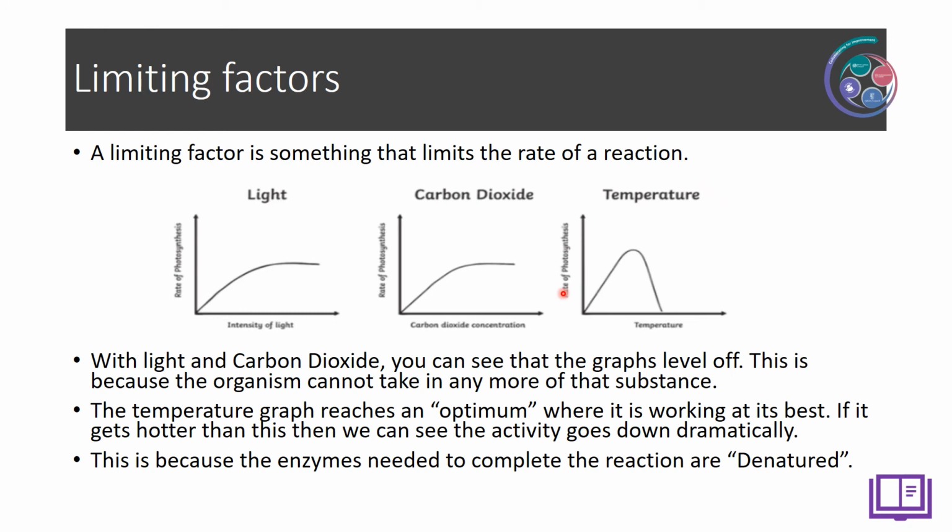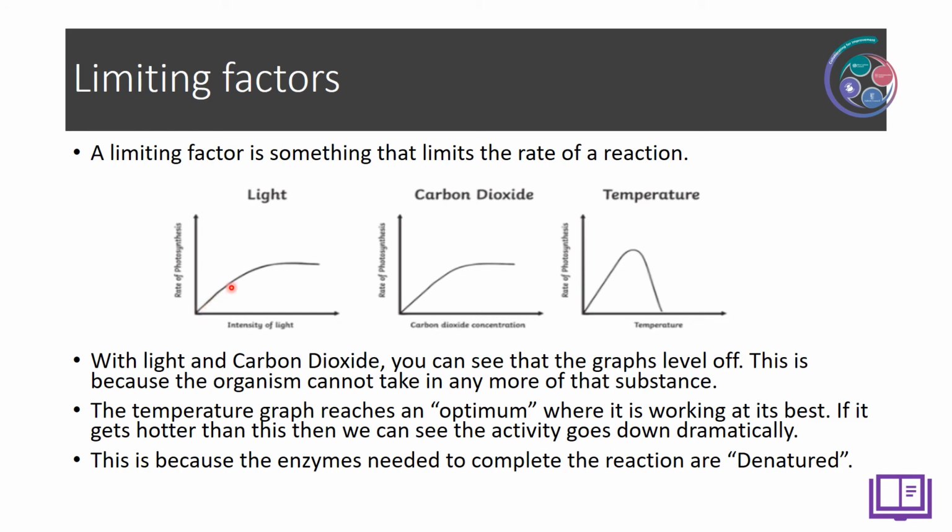Now, you may have looked at enzymes before, and you may remember that enzymes need temperature to work at their optimum, or their best. We can see these two graphs look the same. They increase and then level off. This one increases and levels off. Its limiting factor at this point is low light, so it's limiting it.